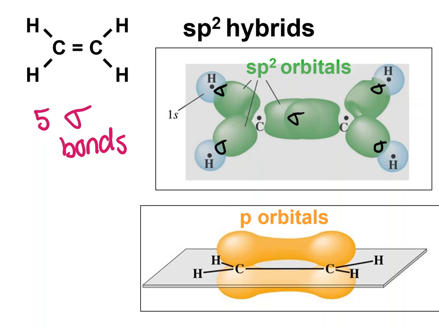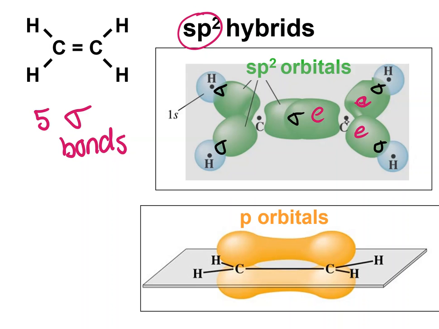Okay. And how many electrons, let's just think of one carbon, how many electrons does it have over here? In the sigma bonds, or actually in the hybrid there, it has 3 electrons, one in each of these orbitals.